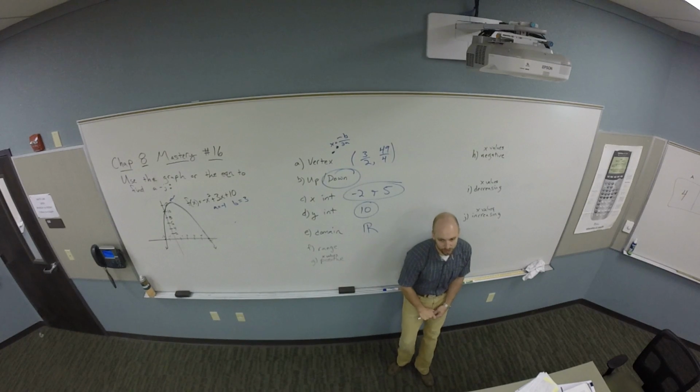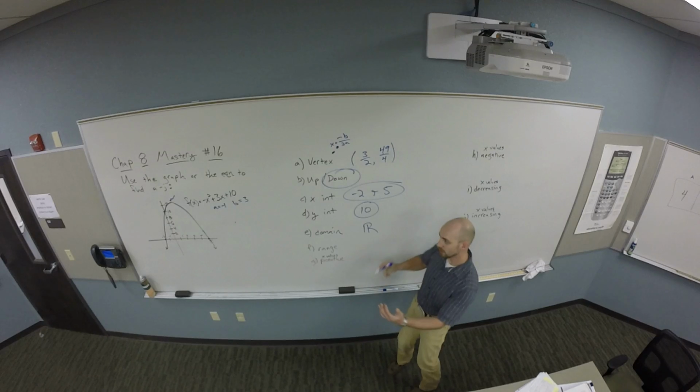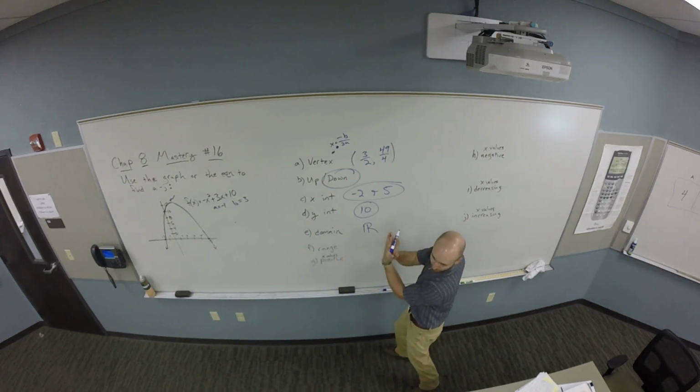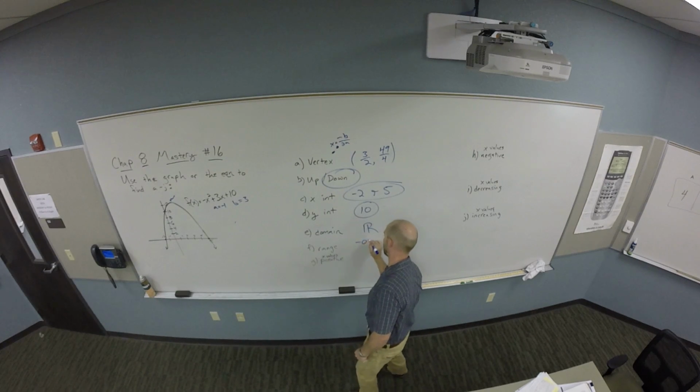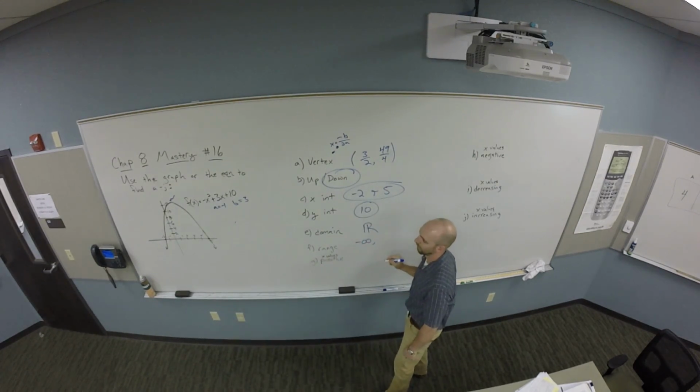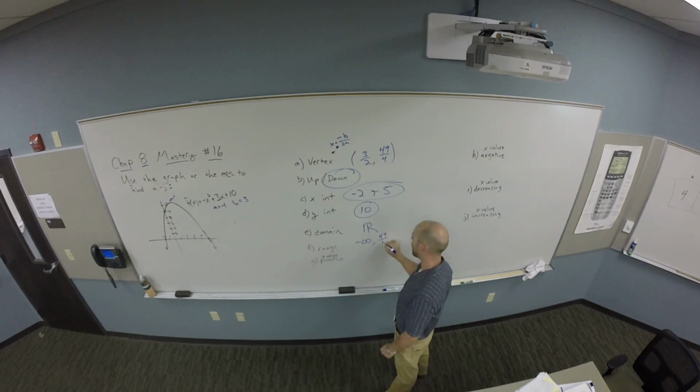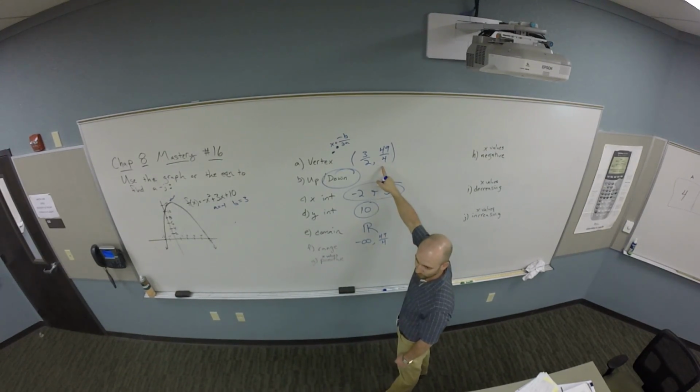Where do you find the range? The highest to lowest. That's the y's, right? So I need to smash this way. Negative infinity to 49/4. I know it goes to the vertex 49/4, right?